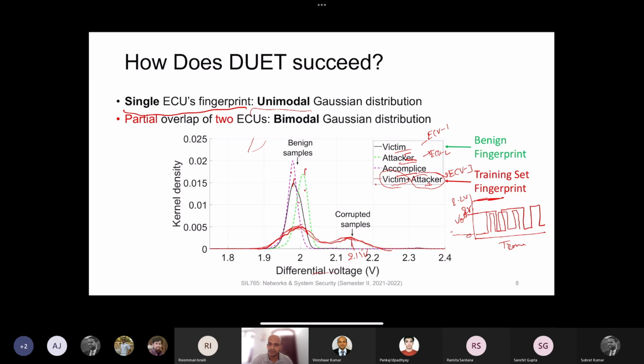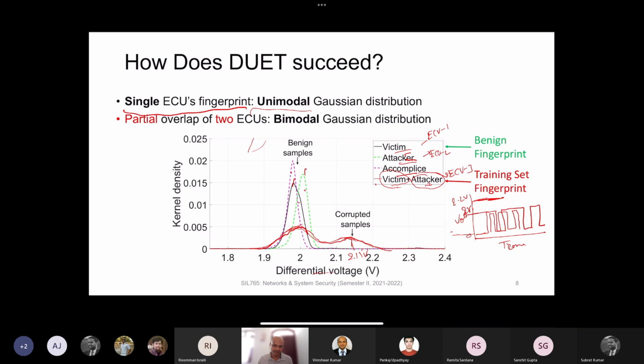Sir, by introducing this corruption, are you trying to shift the original benign distribution so that it fits the malicious one? Yes, we are trying to change the voltage distribution of the victim. That is the goal.